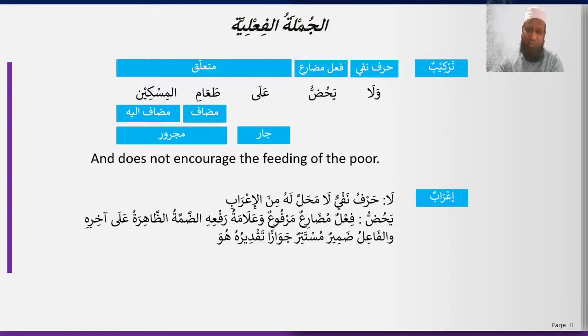يحد is the first siga of the conjugation. So first siga for mudhakkar يحد, for muannas تحد.